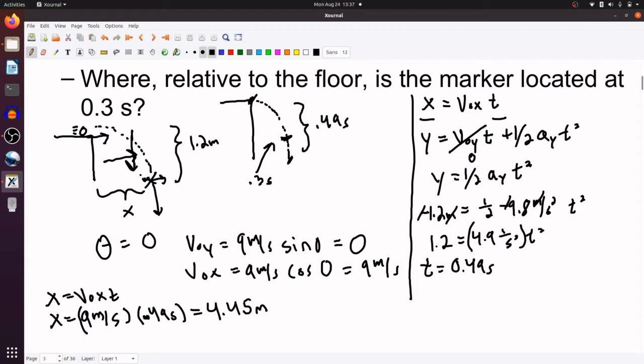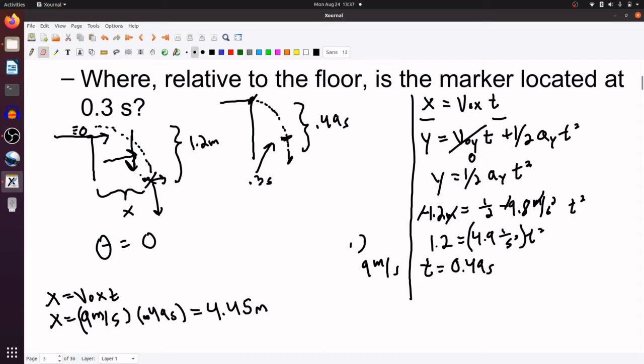Well, how do I do that? Well, I need to find first how long it takes to get there. And since I want to know height, I'm going to start with the y equation and not my x equation.